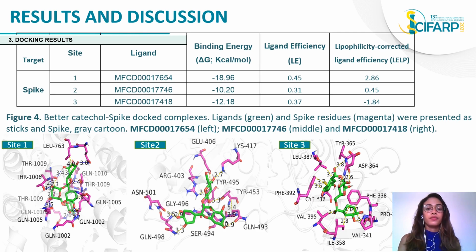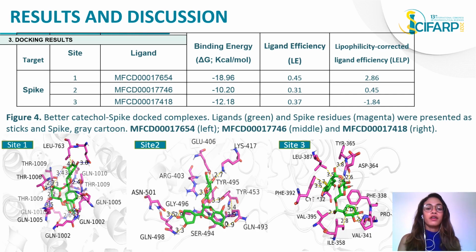About the interaction data, we observed that on site 1, the ligands interacted with glutamine 1002 and 1010, threonine 1009, and alanine 766 of the chains A, B, and C, with hydrogen bond type interactions and hydrophobic interactions. These results corroborated the data from other authors that also used this site.